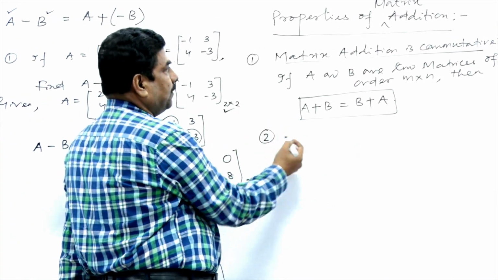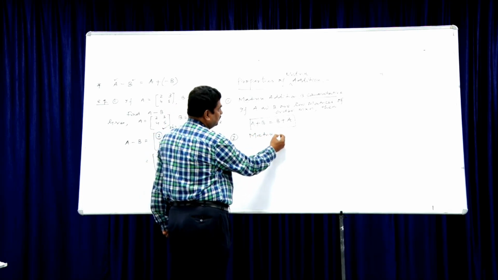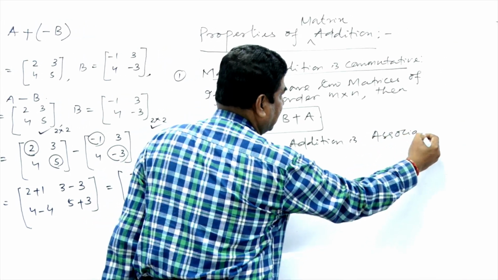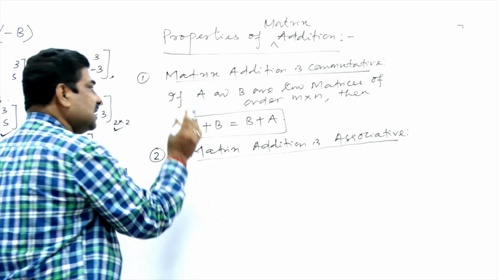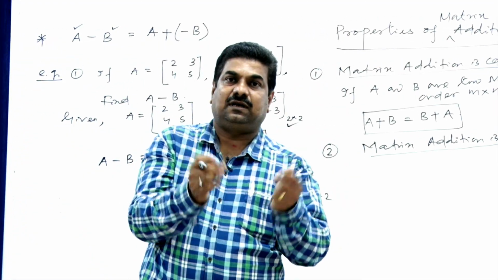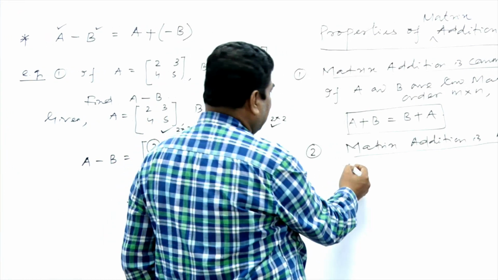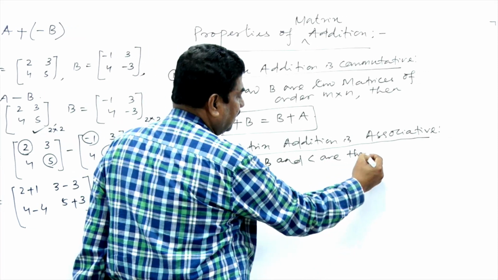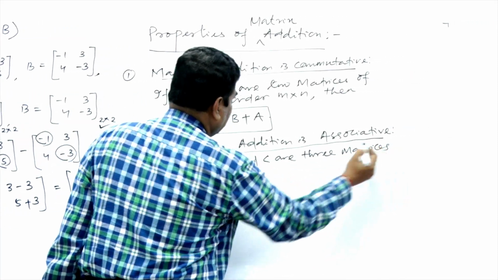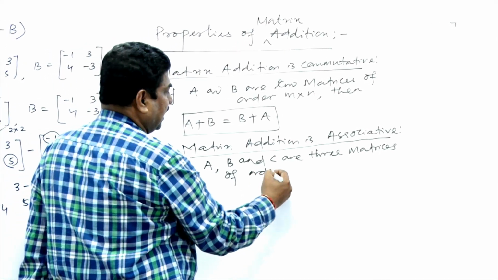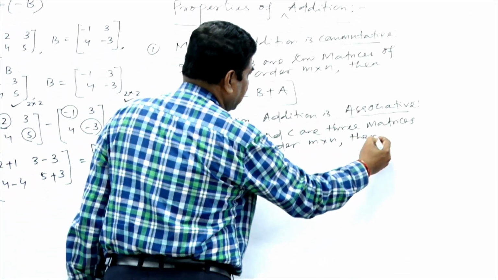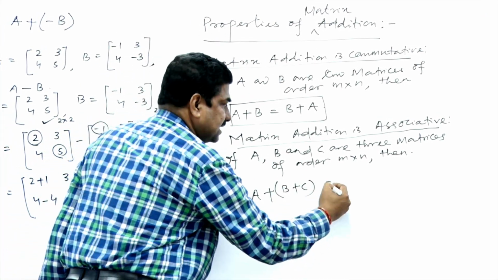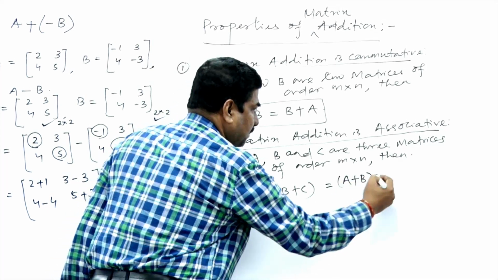Similarly, in the second case, matrix addition is associative, dear. Here we have to consider three matrices. That means if A, B and C are three matrices of order m by n, then we can write A plus B, bracket, plus C is equal to A plus B plus C bracket.